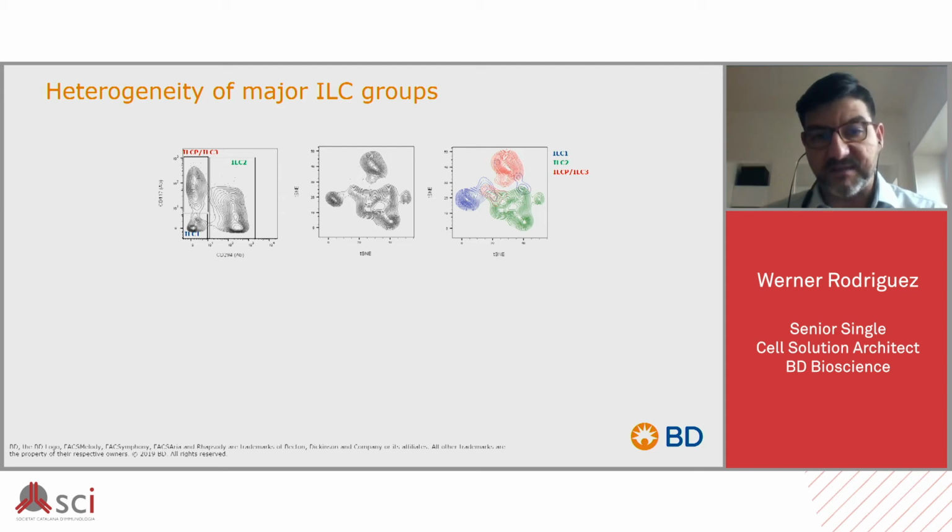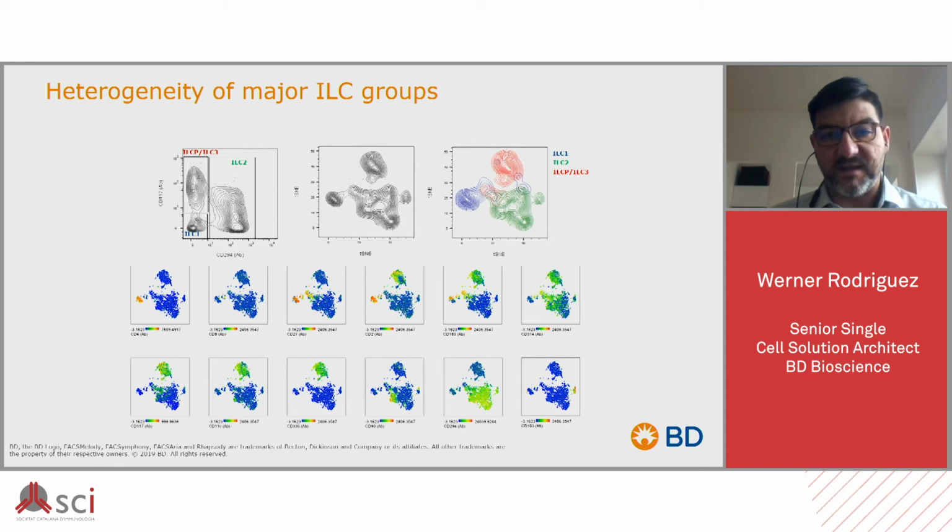We applied this gating to the t-SNE plots that we see in the center and on the right side of the slide, and this makes evident how these three groups of cells are mapping in our population.